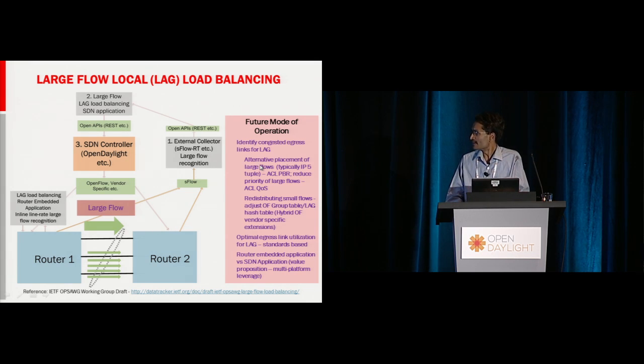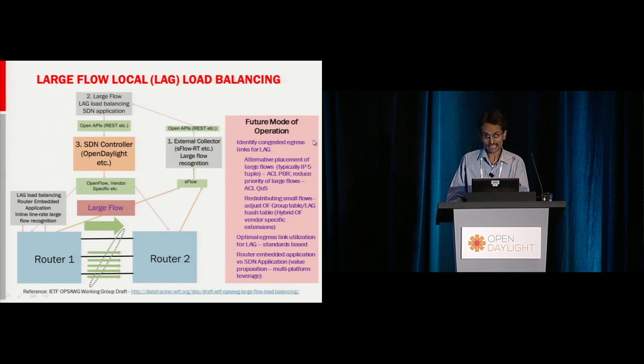Now it comes down to a strategy around bin packing for maximal bandwidth utilization. The first strategy is alternative placement of large flows, where instead of just letting the large flow go as is, you move the large flow to a specific port using ACL PBR rules.